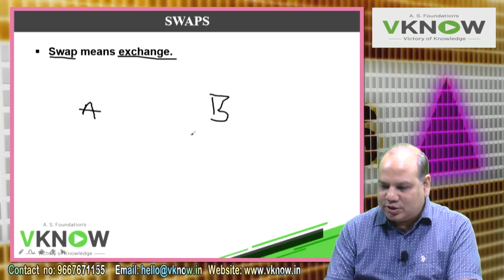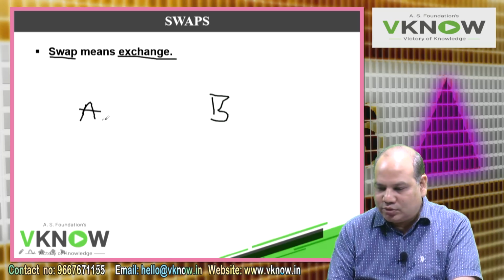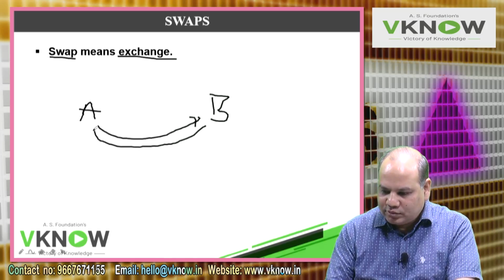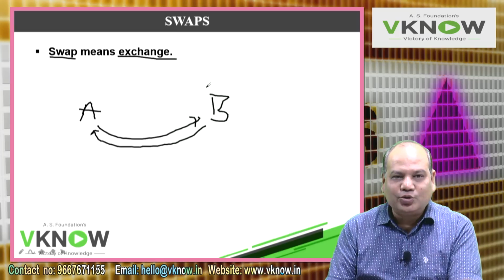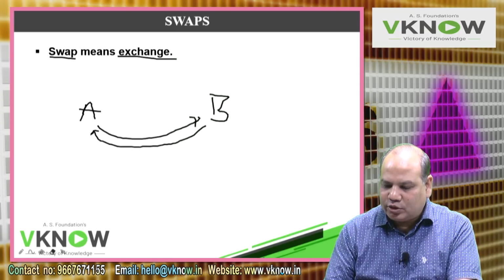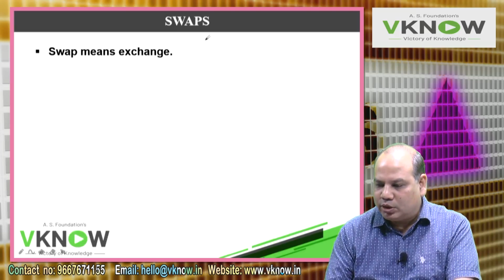Okay, A and B are sitting on the respective benches, and then the examiner is out, so they swap their places in the exam. I hope you don't do that, but that is also a kind of swap. In this chapter, of course, we are not talking about such kind of swaps. We are talking about financial swaps.